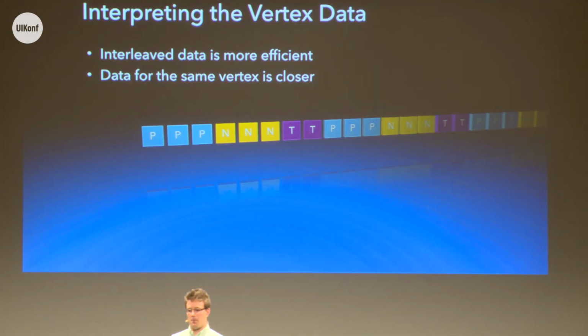And it's constructed like this, with the positions and normals and texture coordinates all in the same buffer. And this is called interleaved data, sometimes also called an array of structs. And we do it this way because it is more efficient, because the data for one vertex is in one place. So it gives us a performance boost if we do this, and it's not that much more complex to set up.